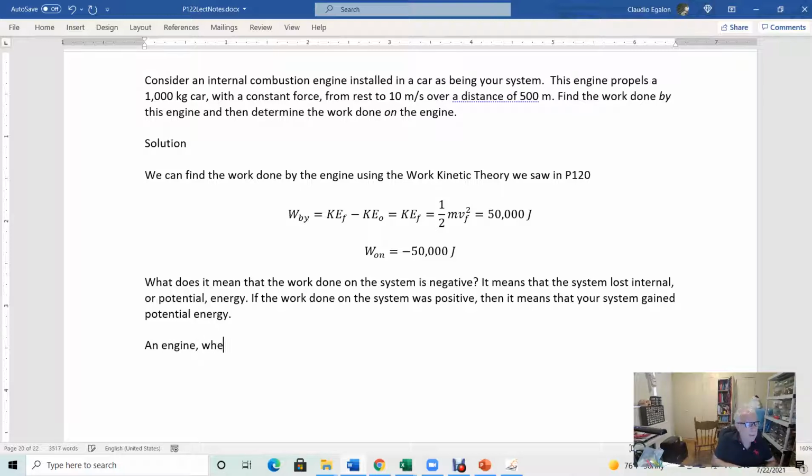An engine, when it is working, loses internal energy because it is burning its fuel. The actual energy is in the fuel itself.